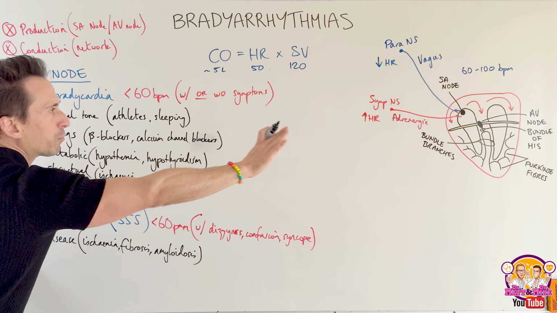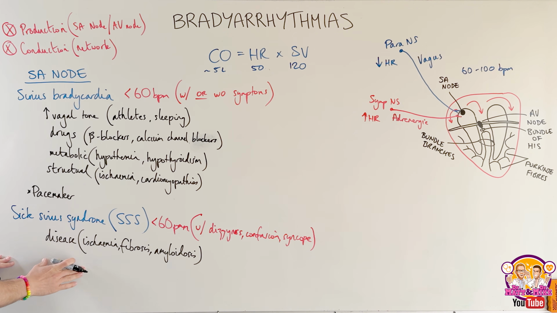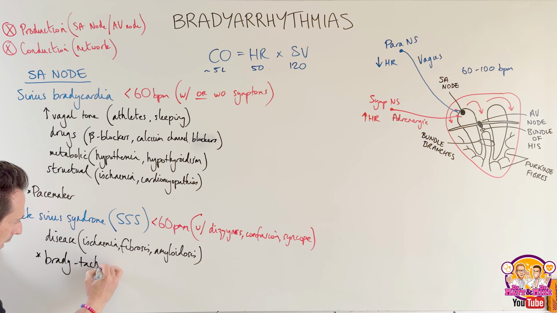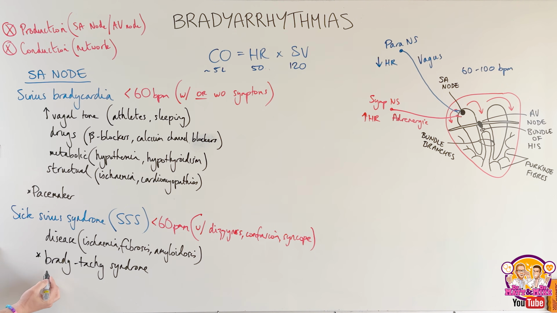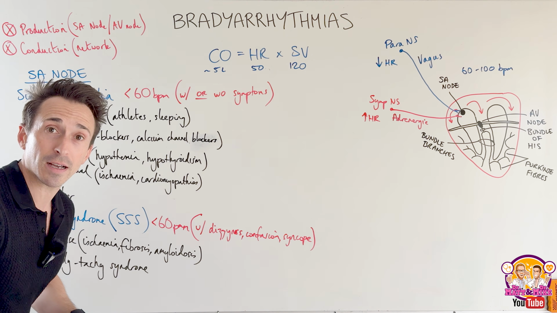And one of the most common presentations of sick sinus syndrome is something called bradytachy syndrome, which is often bradycardia, tachycardia syndrome, right? This is when it goes too slow, too fast, right?